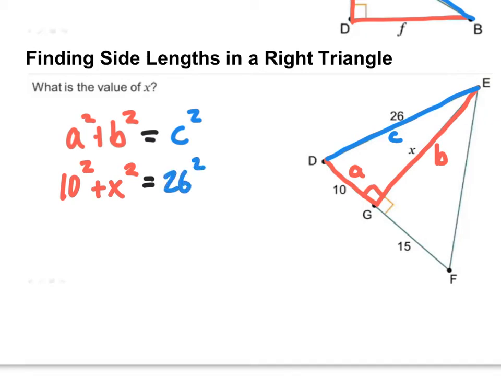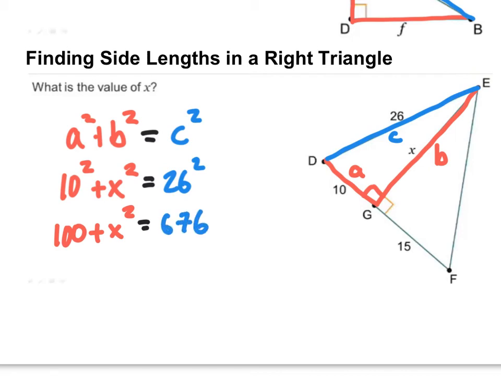Okay, so let's evaluate this and solve it. I'd want to take 10 squared. 10 times 10 is 100, plus x squared, and this is equal to 26 squared. If I take 26 times 26, that gives me a value of 676, okay?